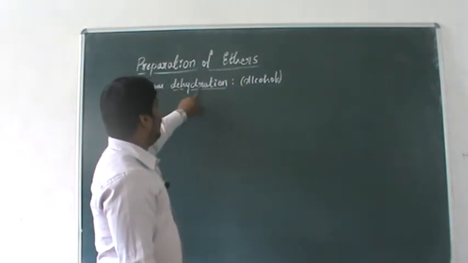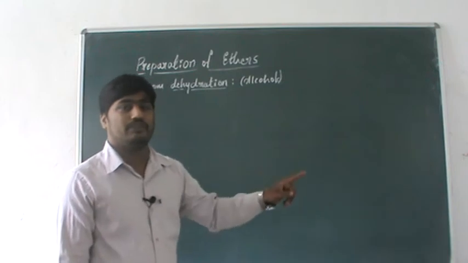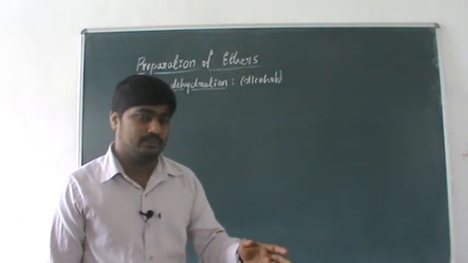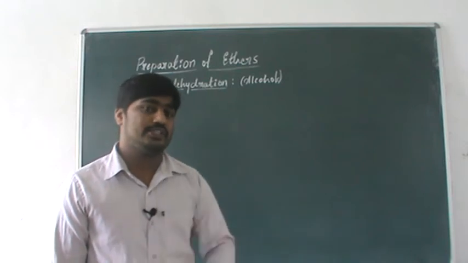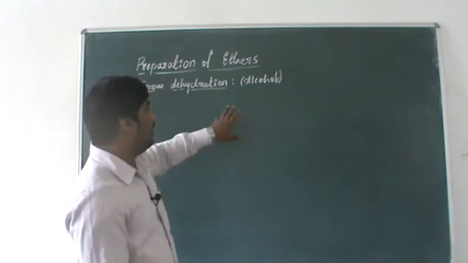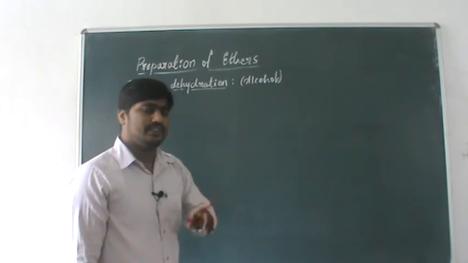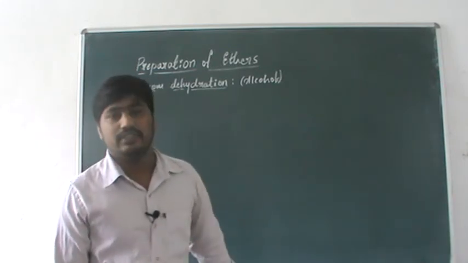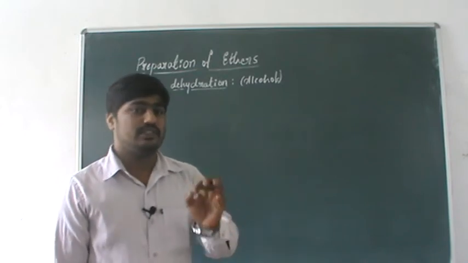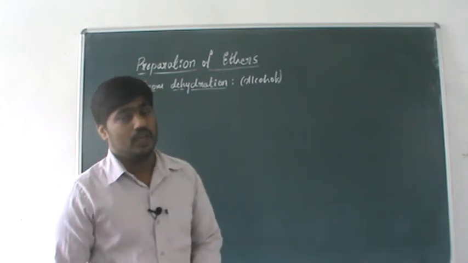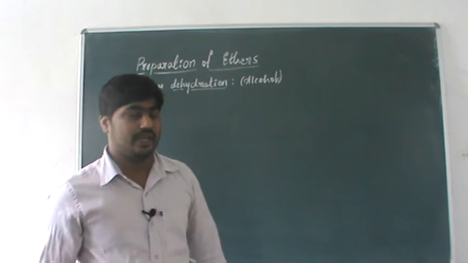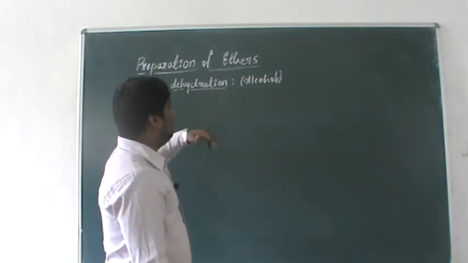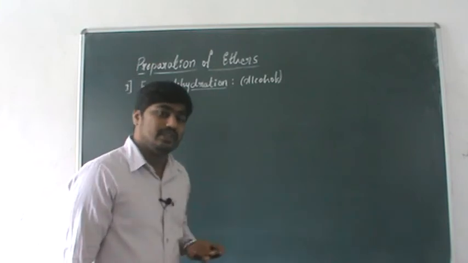Alcohols undergo dehydration that gives alkene using a dehydrating agent. Which one is the best dehydrating agent? Yes, concentrated sulfuric acid is the best dehydrating agent. Using concentrated sulfuric acid, the alcohols are dehydrated and it gives alkene.